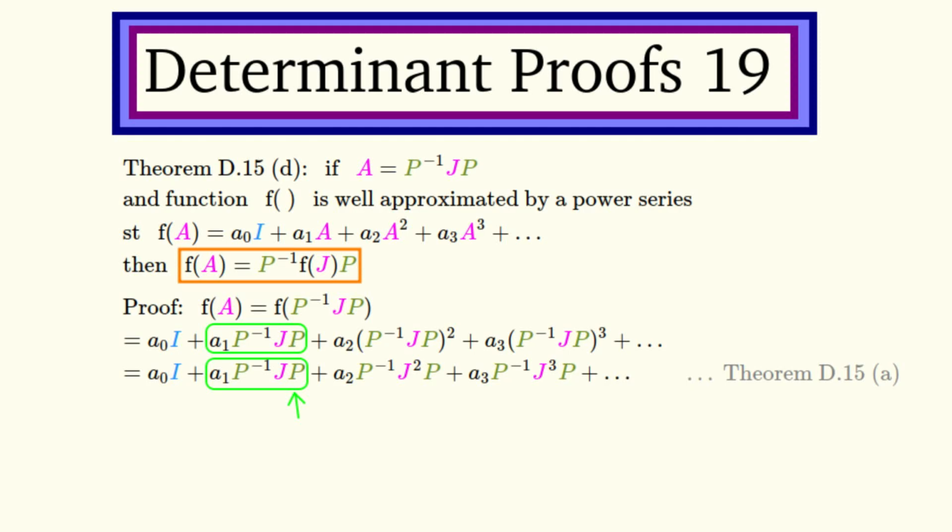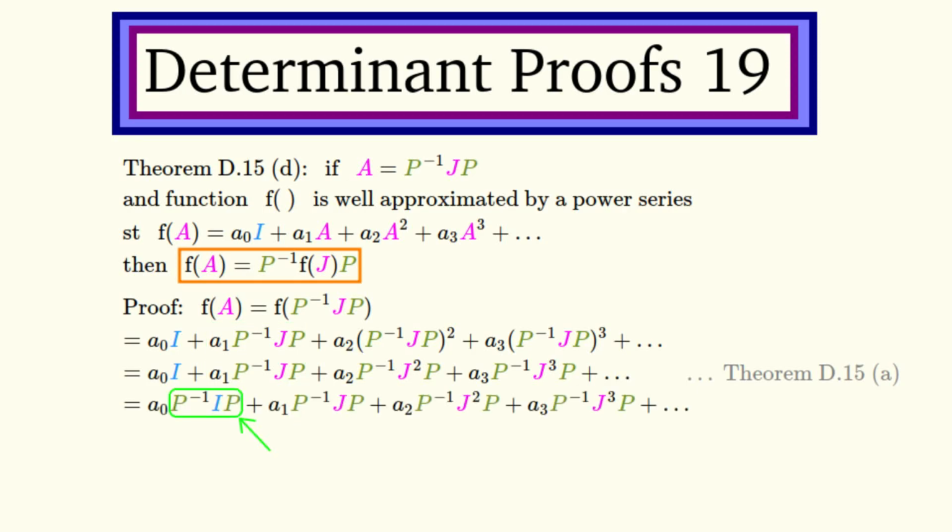Notice that J raised to the power of 1 doesn't need to change. We can put these change of basis matrices on either side of the identity. Now we can factorize this power series so that the change of basis matrices are outside the brackets. We can then express this power series as function f, thereby completing part D of this proof.